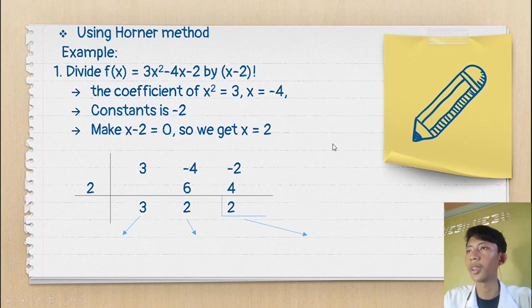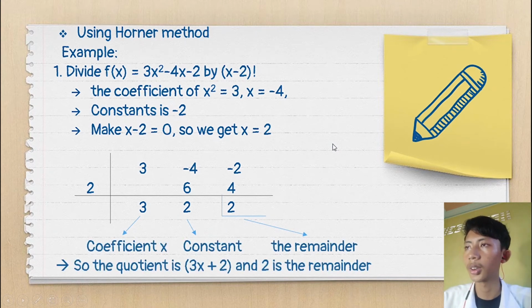And then we replace the coefficient and constant in here, and then replace the x equals 2 here. After that, write the coefficient of x squared and then multiply 3 and 2. 3 multiply 2 is 6, and then 6 plus minus 4 is 2, and then 2 multiply 2 is 4. 4 plus minus 2 is 2.